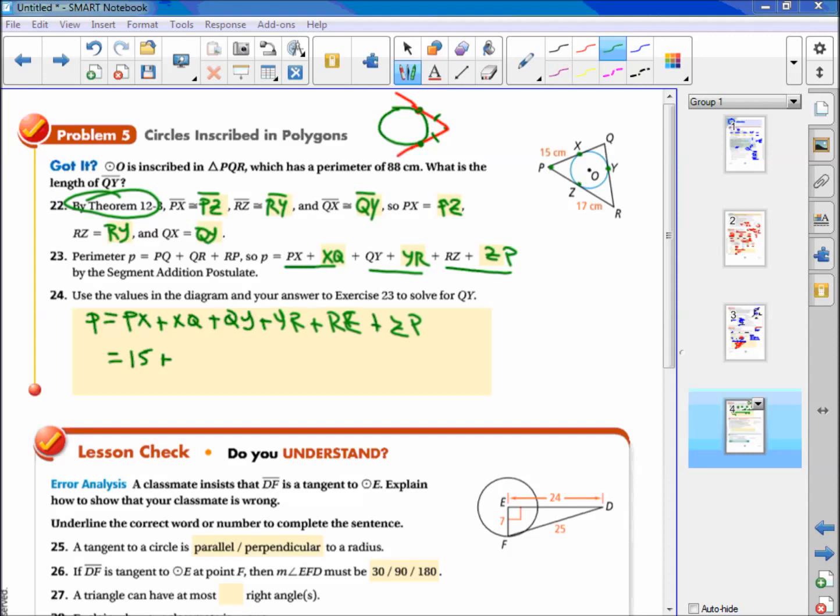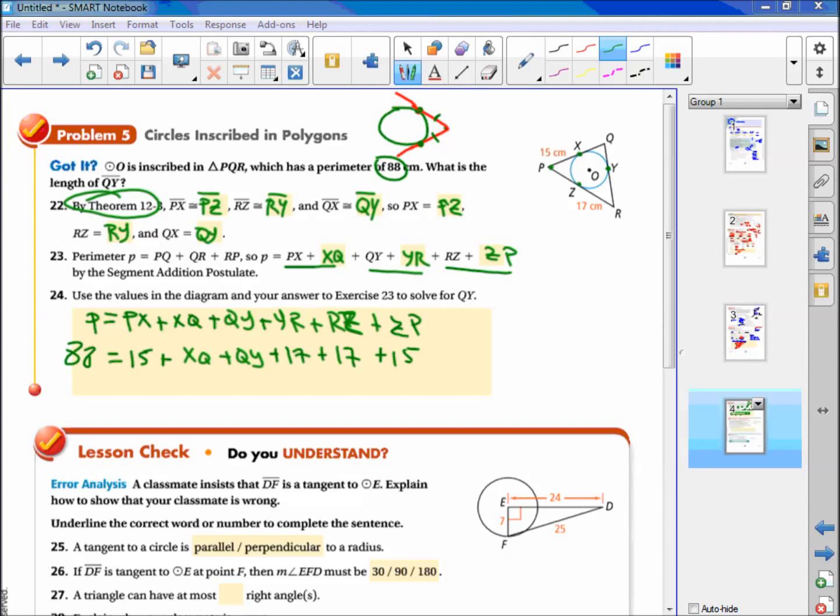QY we don't know. YR we know is 17. RZ is also 17. And ZP should be 15. And we also know the perimeter is 88.